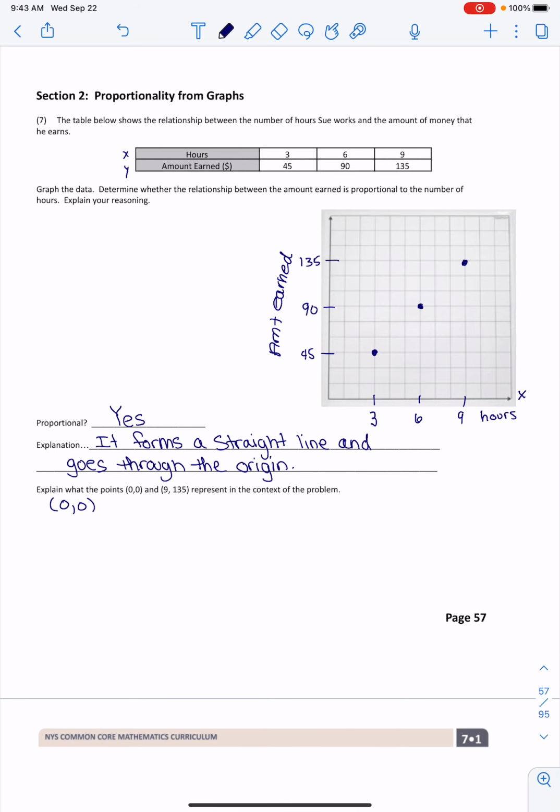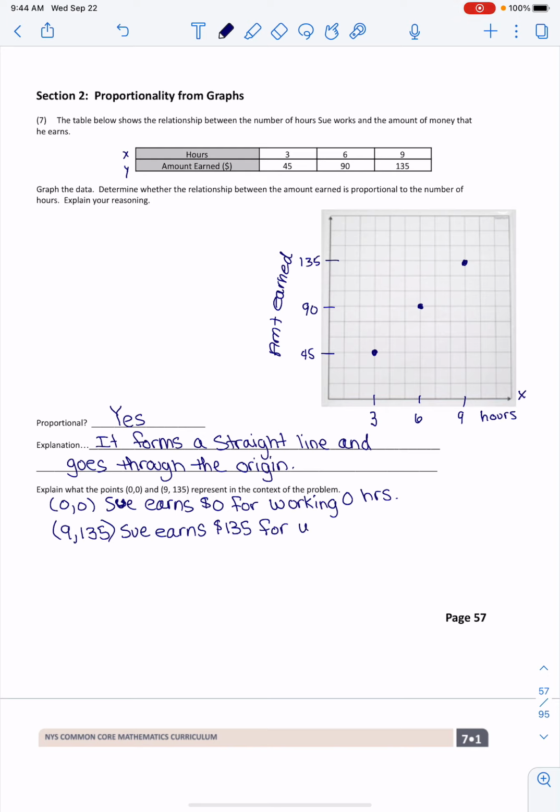Well, (0, 0) means Sue earns $0 for working zero hours. (9, 135) means Sue earns $135 for working nine hours.